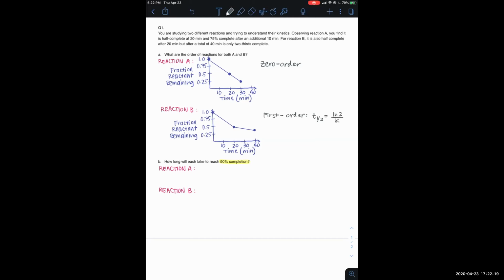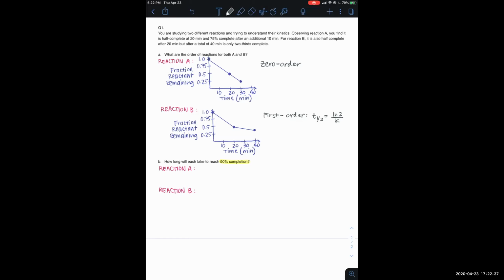So half-life is ln2/k, and this half-life is constant, which means that the time required to go from 100% to 50% is the same as the amount of time required to go from 50% to 25%.